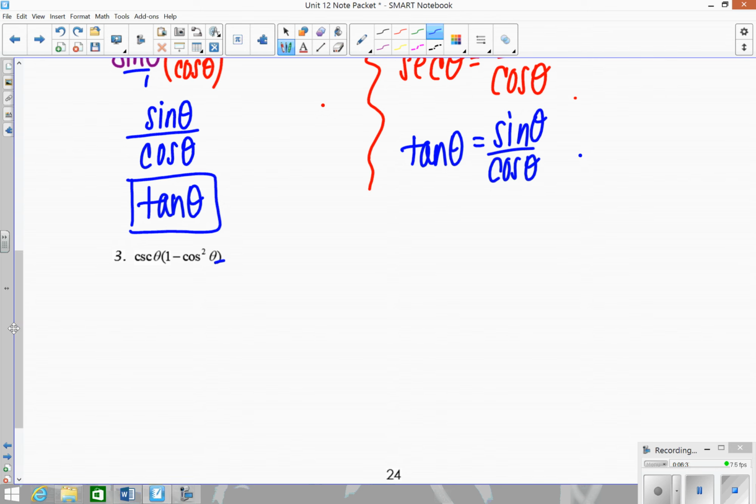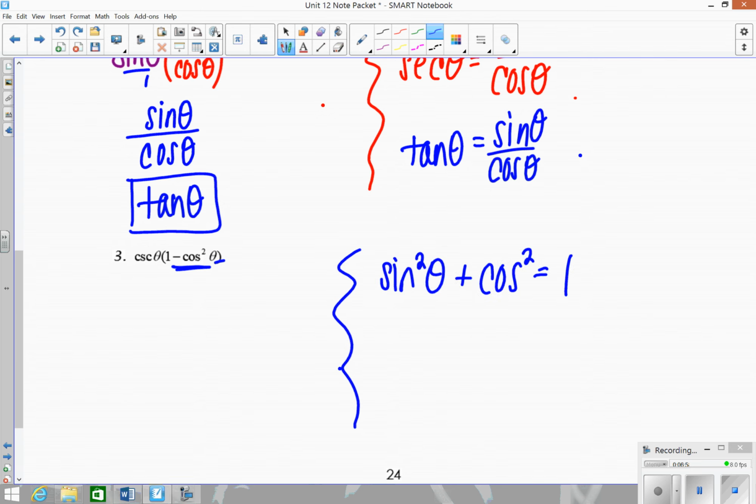All right, so looking at the next one here, cosecant and 1 minus cosine squared. So first thing is, whenever you see a cosine squared, you want to be thinking of that Pythagorean identity. You really want to think of this identity because you're pretty much always going to be using that whenever you have a sine or cosine squared.